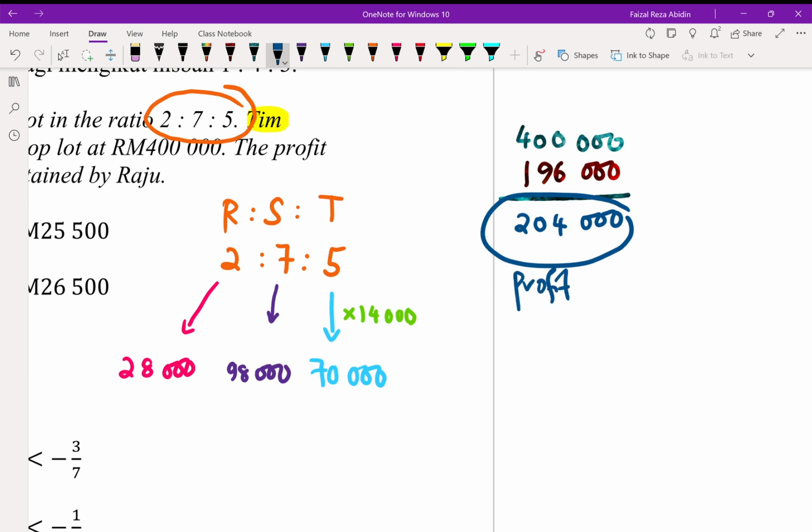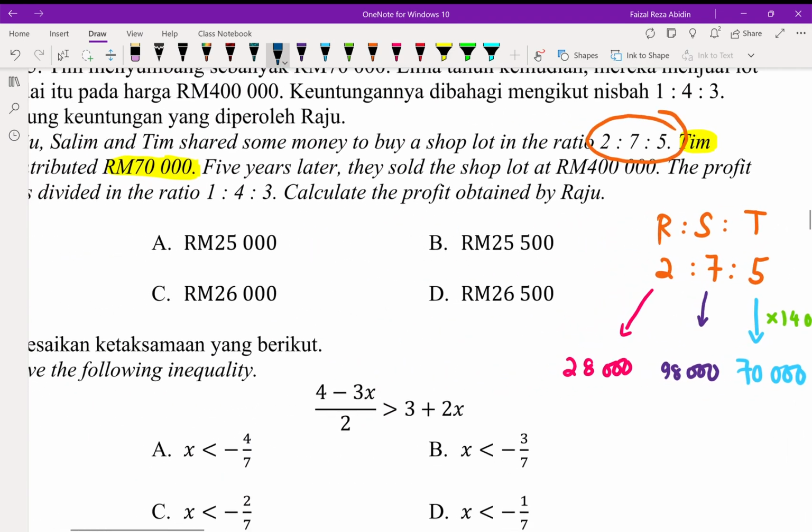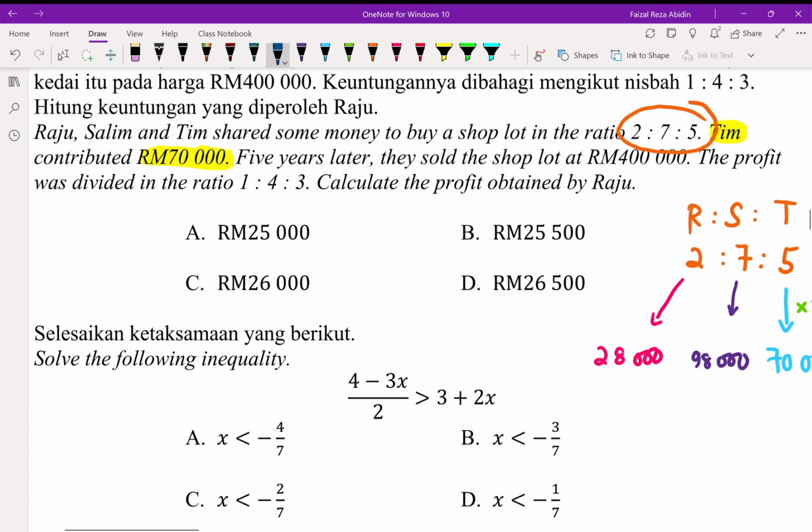Now from the profit, you are going to find, okay, not all together. The profit was divided in the ratio of 1 to 4 to 3. Calculate the profit obtained by Raju. We are going to find only for Raju. Where's Raju portion? 1 only.